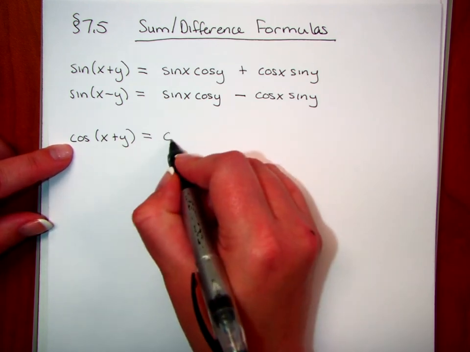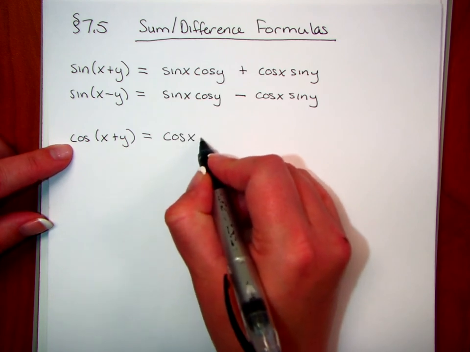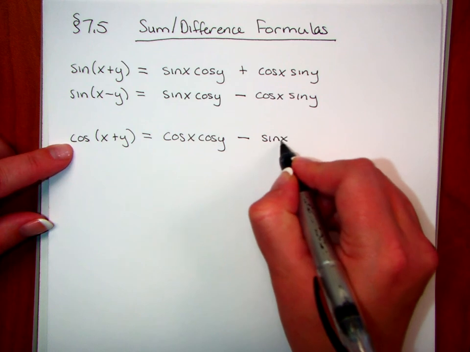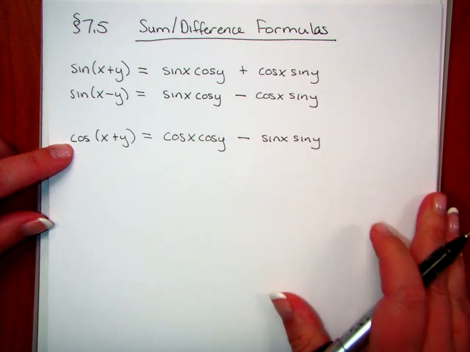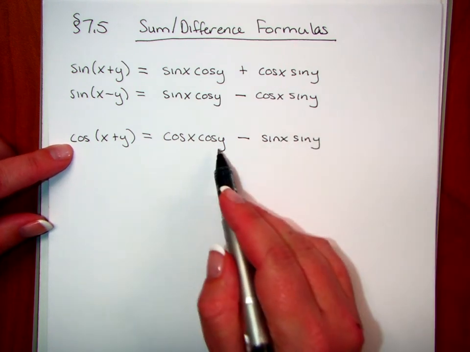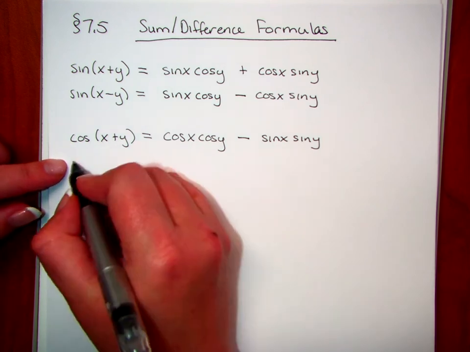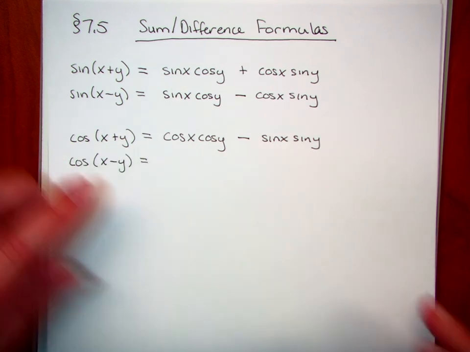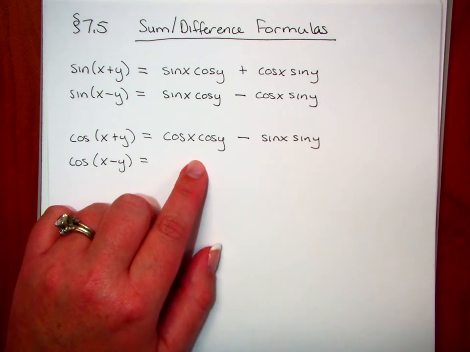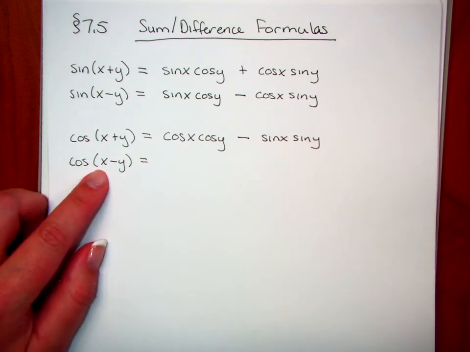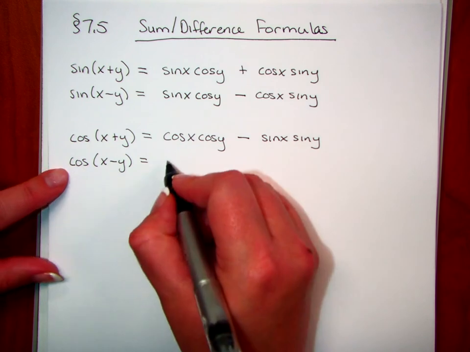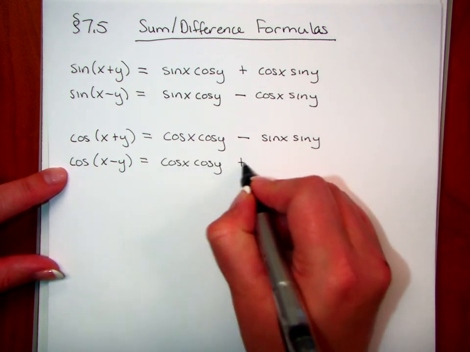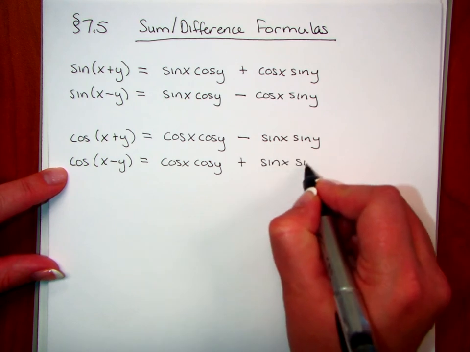So cosine of the first, cosine of the second, minus sine of the first, sine of the second, right? Always x then y here. So cosine of a difference is going to have the same terms, but we're going to put a plus sign in between them. So it's going to be cos cos plus sine sine, right? Cosine of the first, cosine of the second, plus sine of the first, sine of the second.